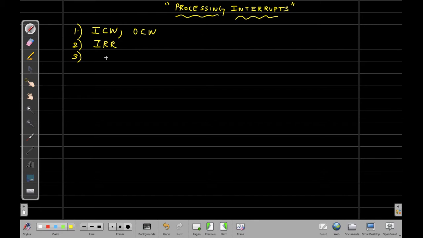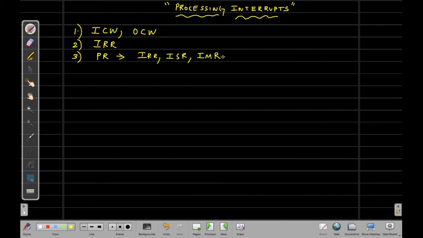Let us take a situation where there are 8 interrupts connected to 8259. In this case, the interrupts triggered by the external device need to be prioritized. This is done with the help of a block called the priority resolver block. This priority resolver block will check the status of the IRR register, the ISR register, and then the IMR register.